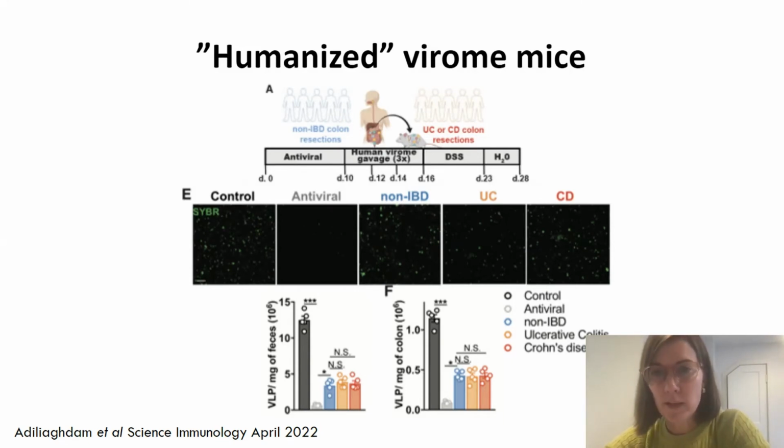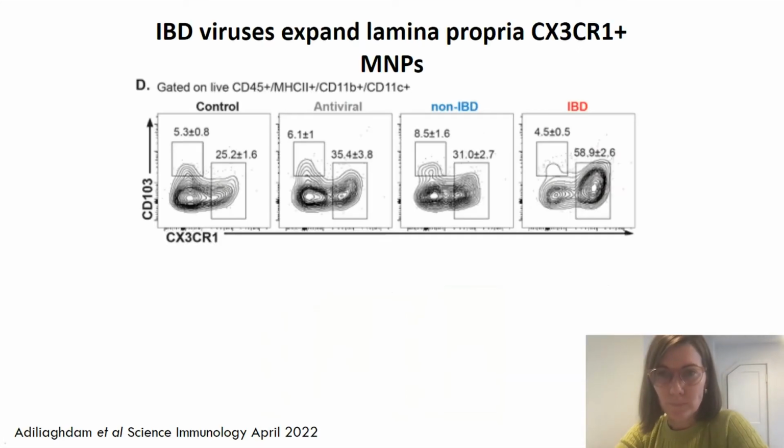Then we delivered by gavage these human viruses that we'd isolated from these colon resections, and we gave that by 3 gavages. And we could quantify that here, either in the colon tissue itself or in the feces. The antiviral cocktail got rid of viruses, and we got quite a decent amount of viruses in the feces as well as the colon tissue following this gavage.